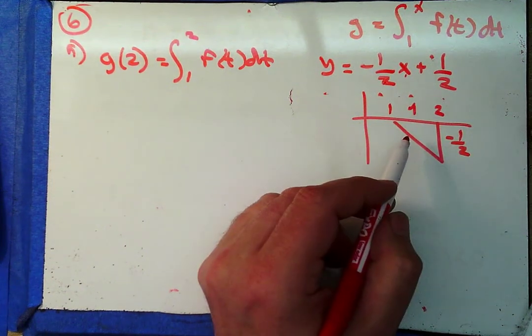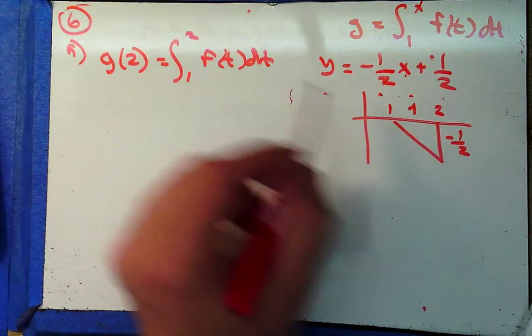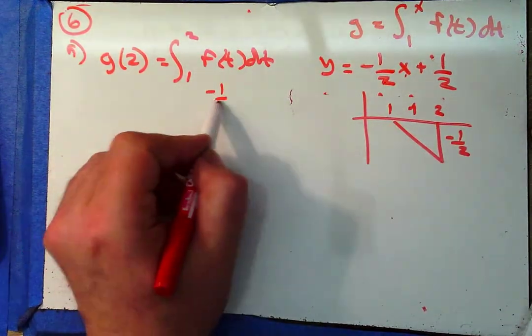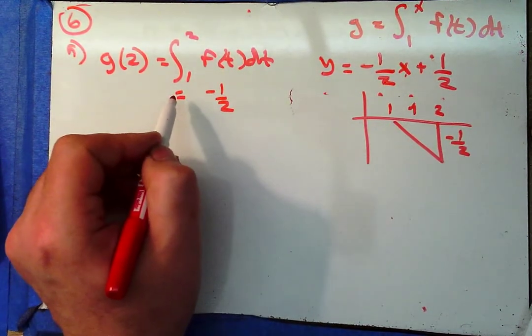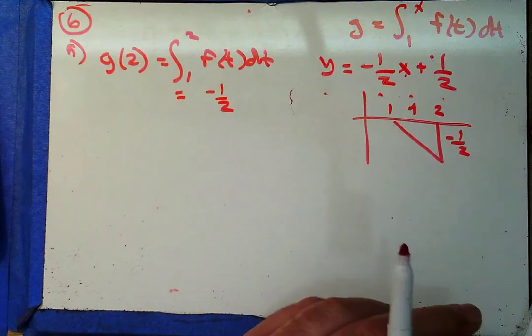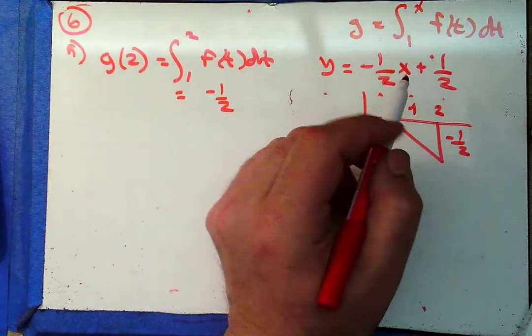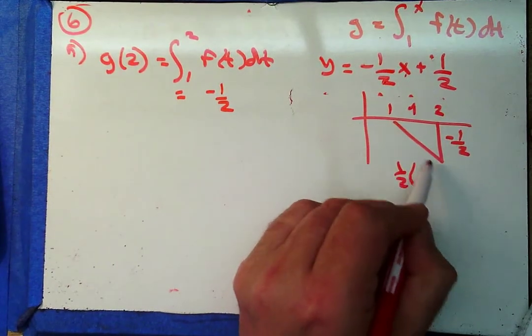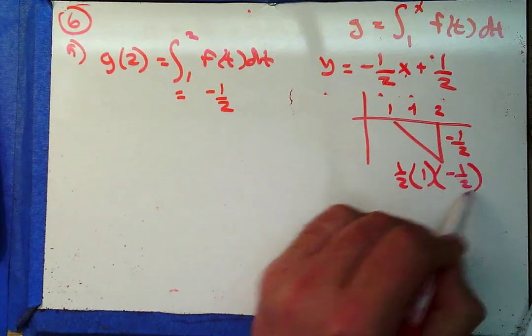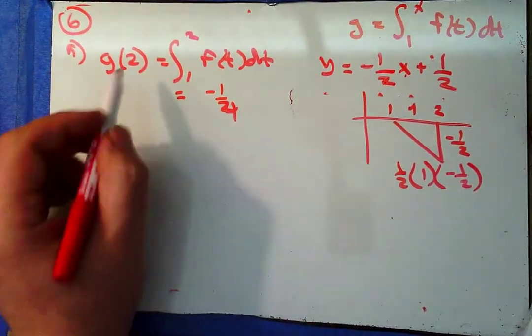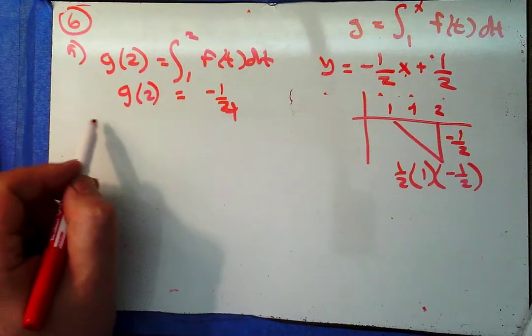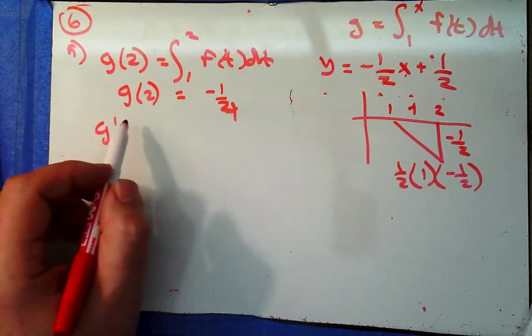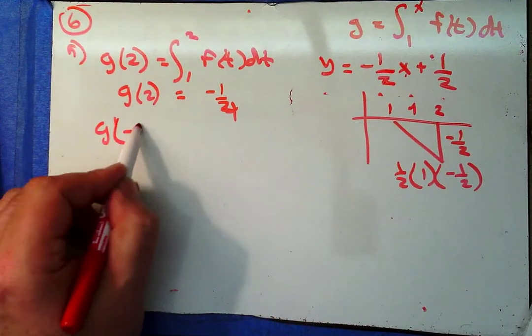And so the value of this integral then is going to be negative 1/2. Oh, but I had negative 1/4. What did I miss? Oh, I forgot that it was a triangle. 1/2 base times height. There we go, negative 1/4. That's g of 2. Now they want to find g of negative 2.